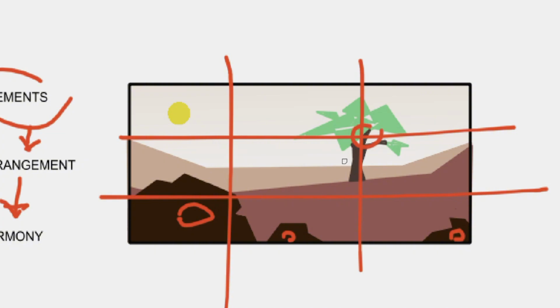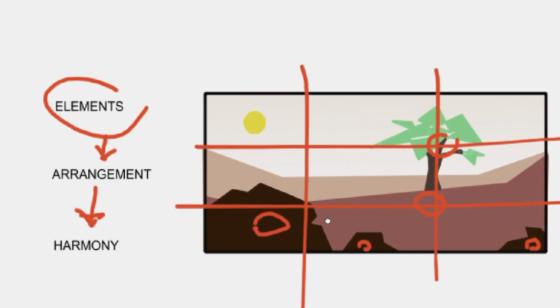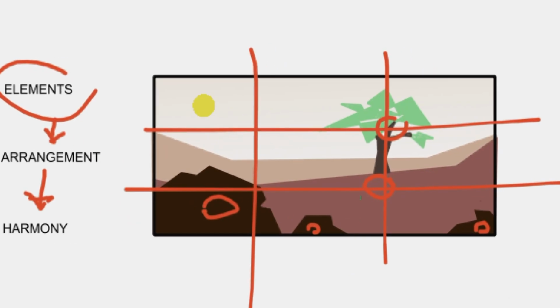I basically always use a box grid type of structure for my work, and it's simple, it's effective, and it's just easy to set up. That's why I use it.